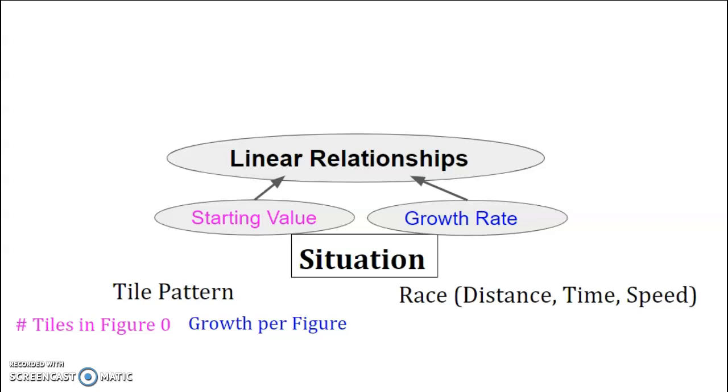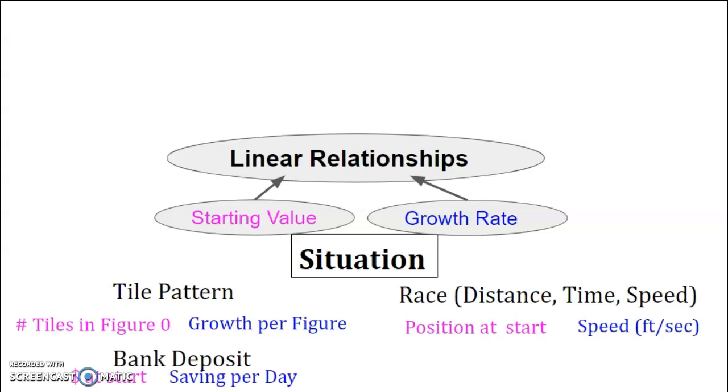Okay, what about in a race? What is the starting value? That's the position at the start. Is he getting a head start, or is he starting at 0, or is he starting further back from the starting line? And then the growth rate, or the unit rate, is the speed. It's usually some distance per time.